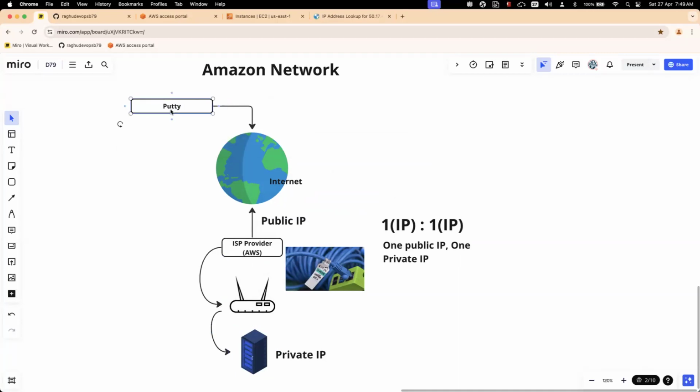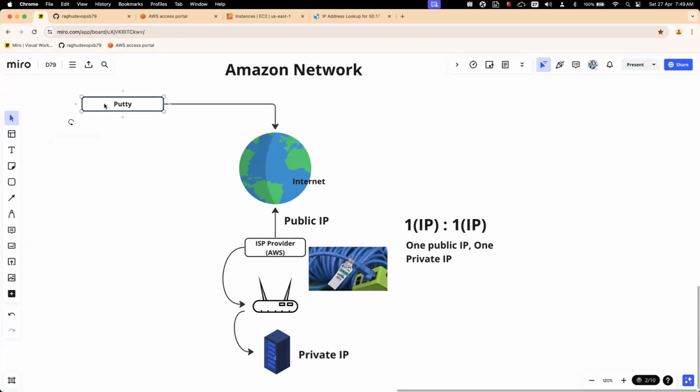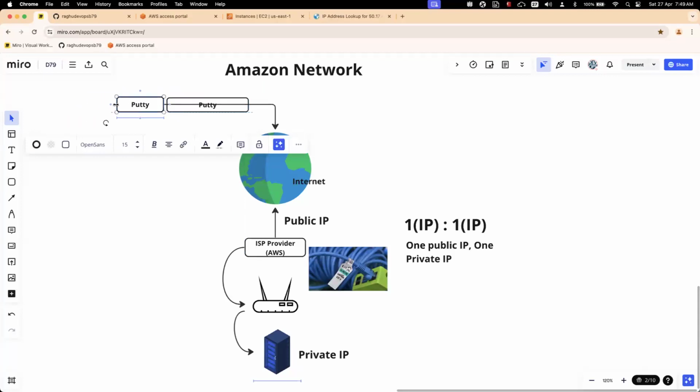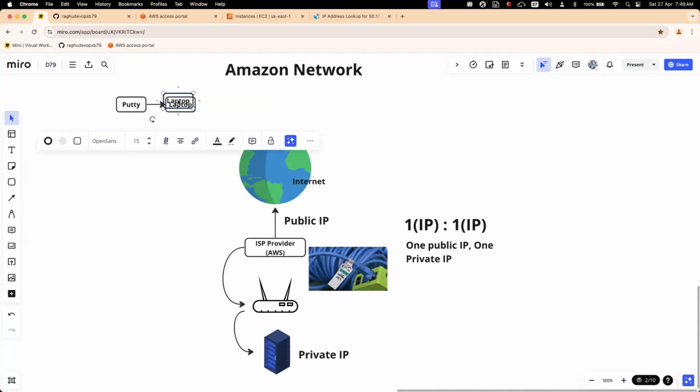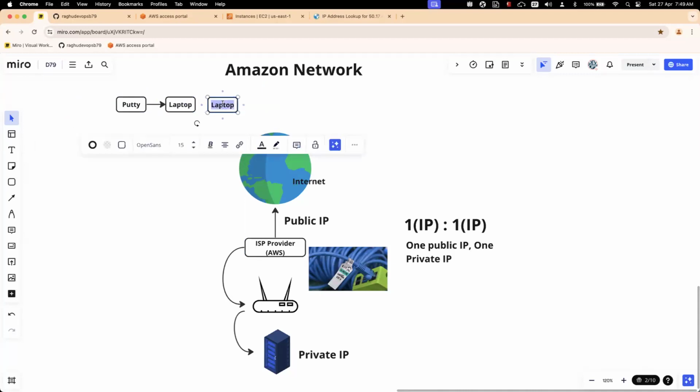Now from your home network, PuTTY is installed in your laptop, and the laptop is connected to the Wi-Fi router, and the Wi-Fi router connects to the ISP provider, and from there you're reaching this server.